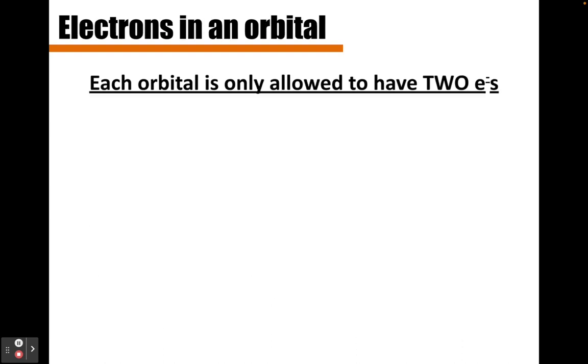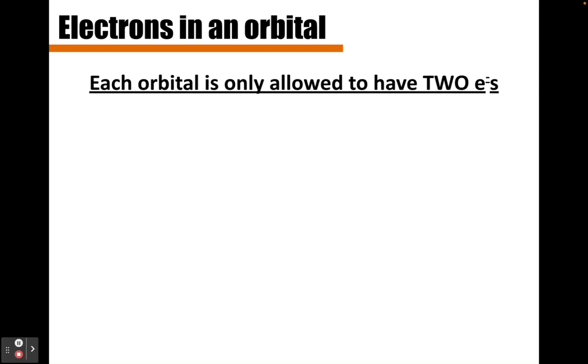All right, so what about electrons in the orbital? We have one more quantum number to talk about, and that has to do with the electrons. Each orbital can only hold a maximum of 2 electrons. And this has to do with what is called electron spin. Electron spin is not literally the electron spinning.